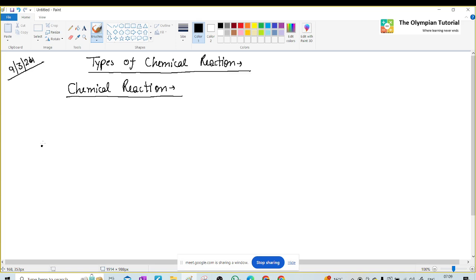During a chemical reaction, atoms of one element do not change into those of another element, nor do atoms disappear from the mixture or appear from elsewhere.